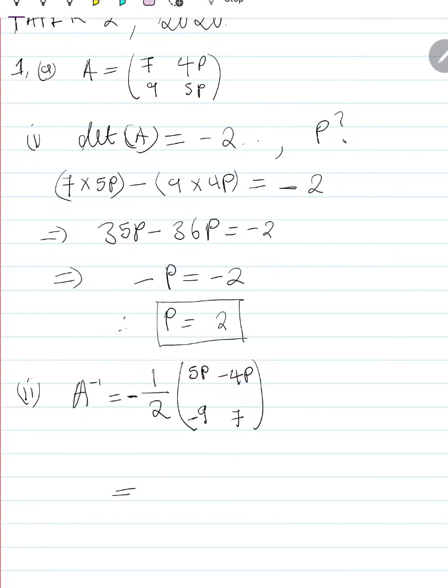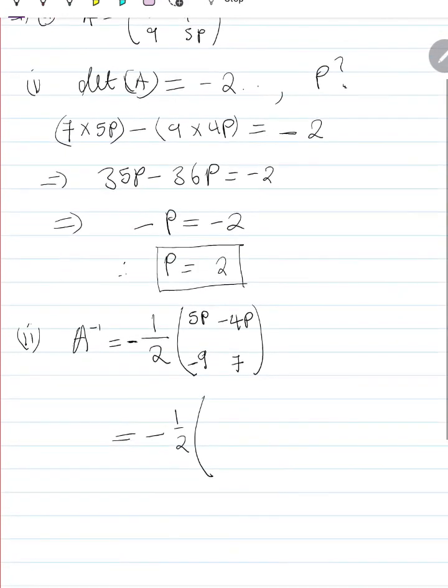Okay, but remember we have the value of p, which is 2, so 5 multiplied by 2 is 10, then -4 multiplied by 2 is -8, -9 and 7. So this will be the inverse of A.